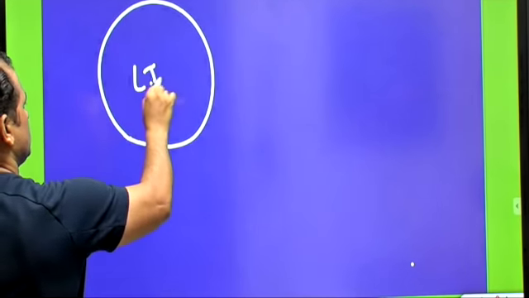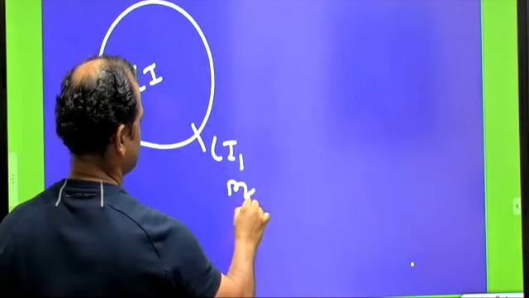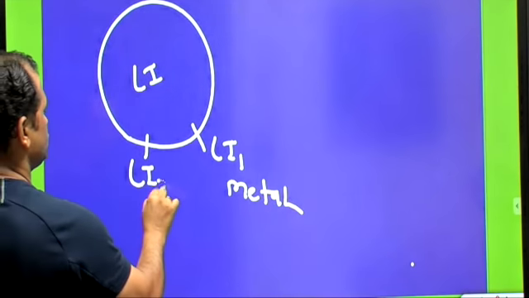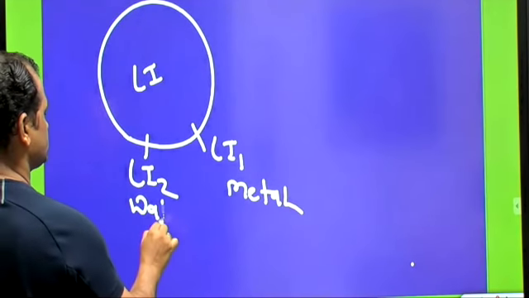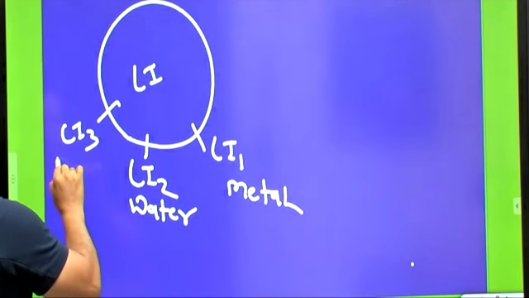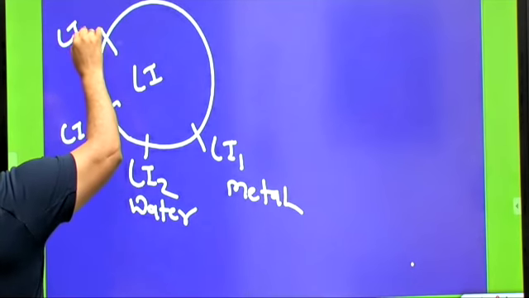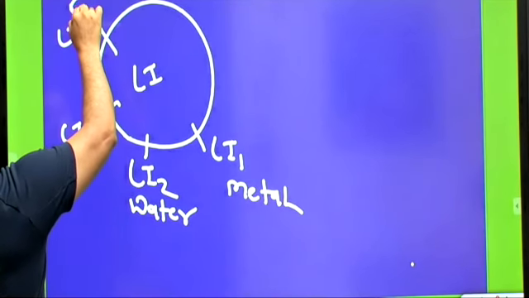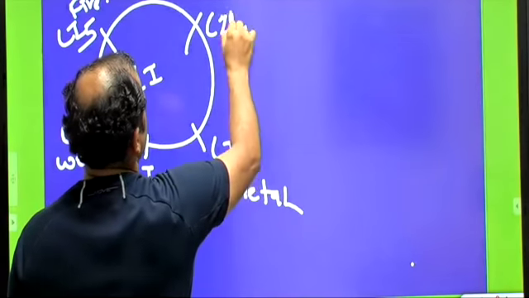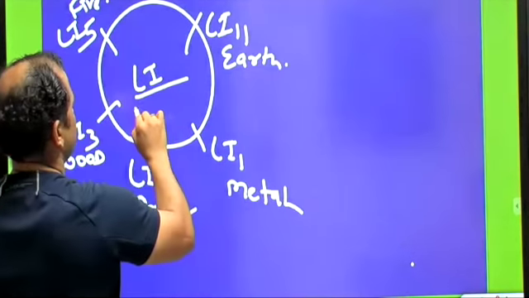We are talking about the large intestine meridian: LI1, which is the metal point, LI2, which is the water point, LI3, which is the wood point, LI5, which is the fire point, and LI11, which is the earth point. The LI is a metal element.